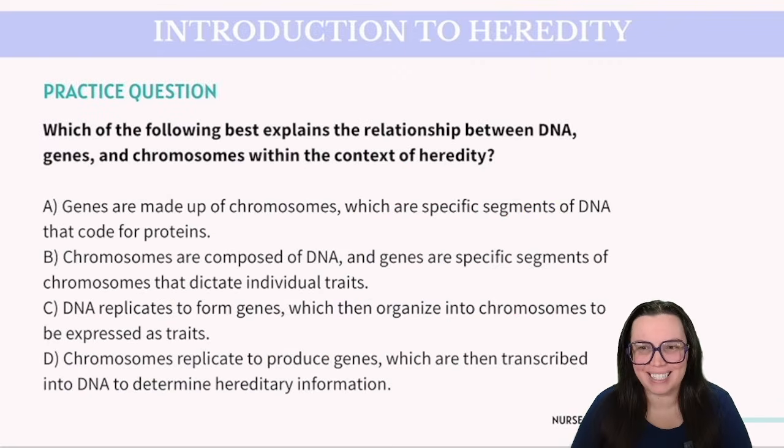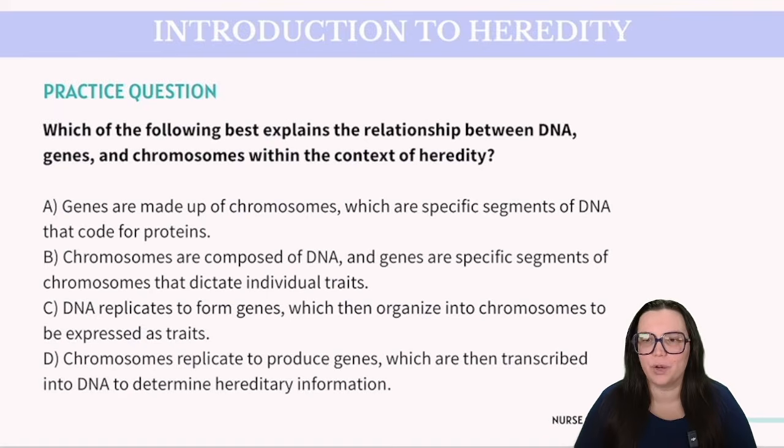Let's do some practice. Which of the following best explains the relationship between DNA, genes, and chromosomes within the context of heredity? Is it A, genes are made up of chromosomes, which are specific segments of DNA that code for proteins? B, chromosomes are composed of DNA and genes are specific segments of chromosomes that dictate individual traits?